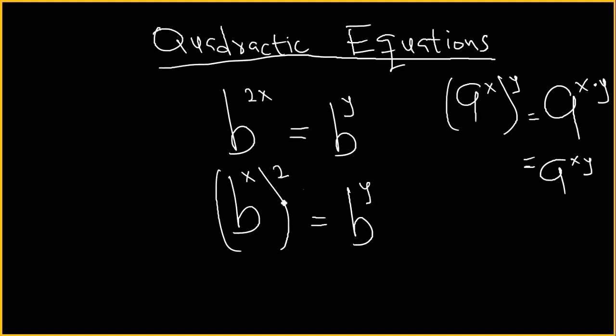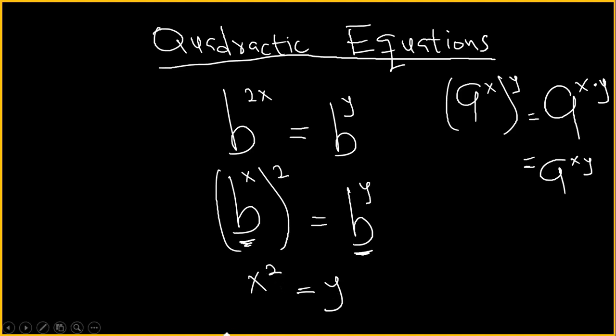With the condition, it states that if the bases are the same, so we have b as a base and another b as a base, this could be rewritten as x squared equals y. Any equation that has its highest index as 2, or the highest power as 2, is called a quadratic equation.